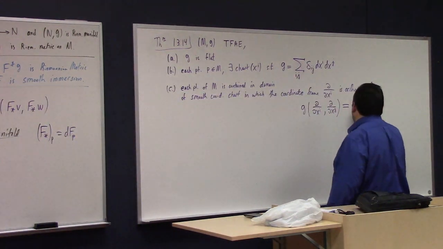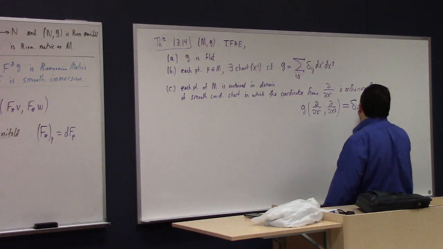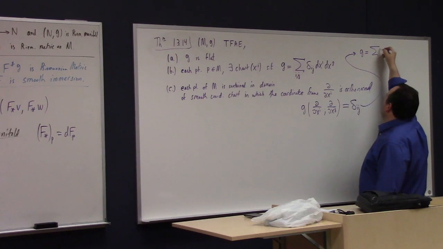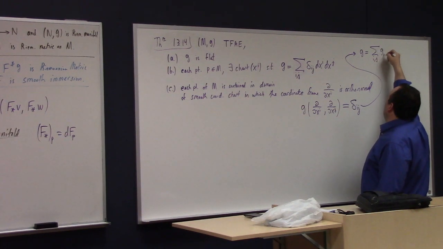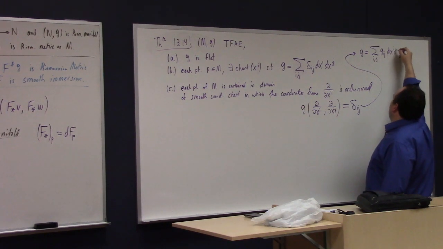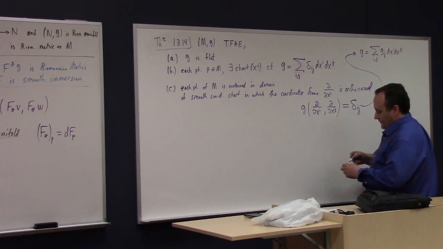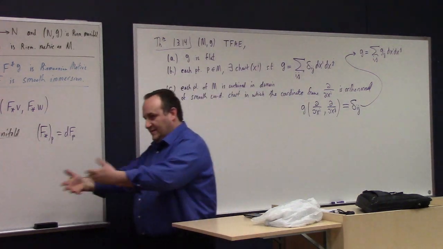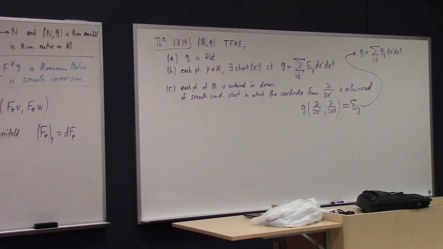That's right. But what have we talked about with tensors? We've said g is equal to the sum over i and j of g_ij dx^i dx^j, right? But what is this? That's exactly g_ij, right? That's how we calculate g_ij in the x coordinate frame.